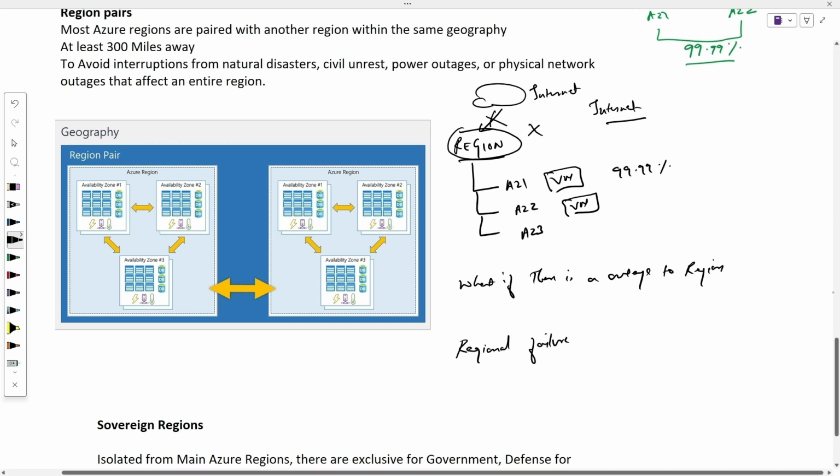If I take the same example of Europe North, this is one of the regions, which is in Ireland. We have another region in Europe, which is Europe West, which is in Netherlands.